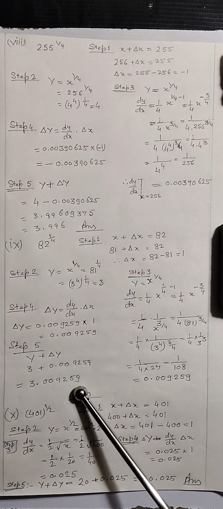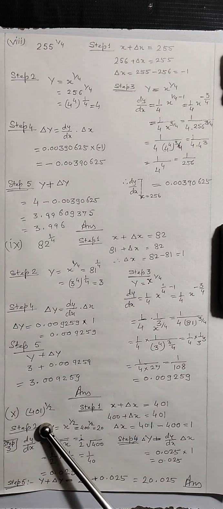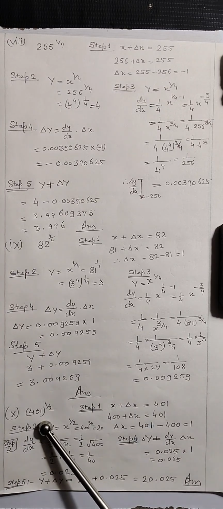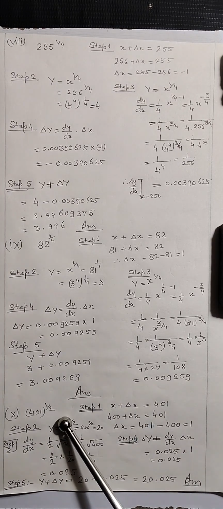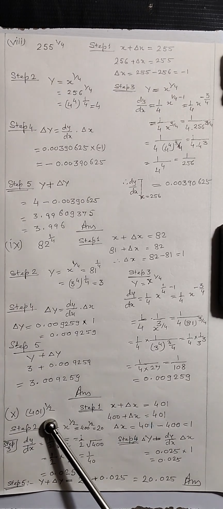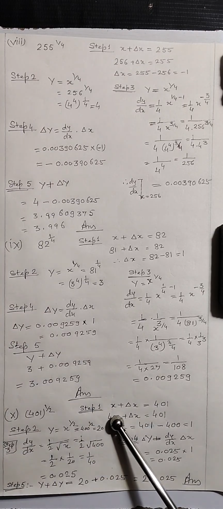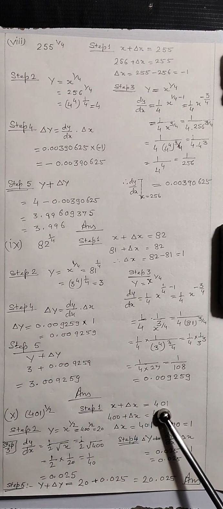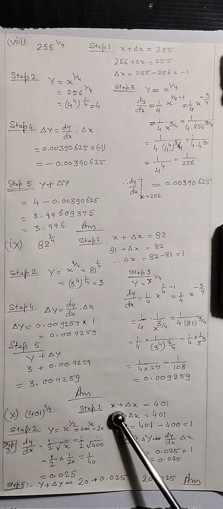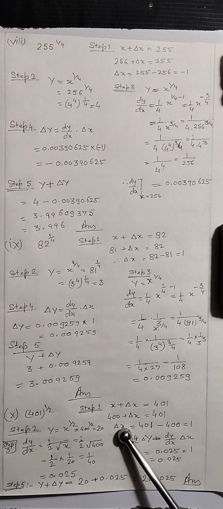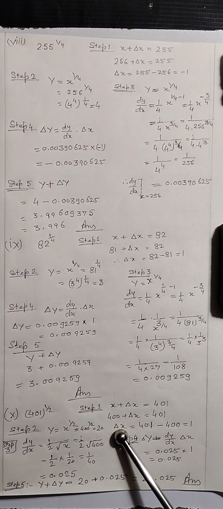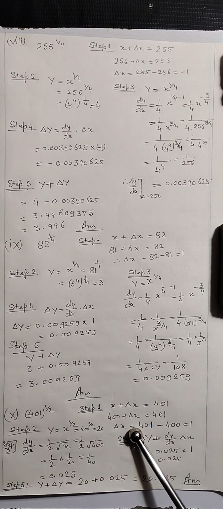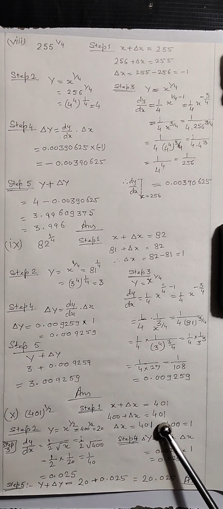Now come to the 10th part of question number 1, that is 401 raised to power 1 by 2. So step 1, x plus delta x is equal to 401. Let x is equal to 400. So 400 plus delta x is equal to 401.